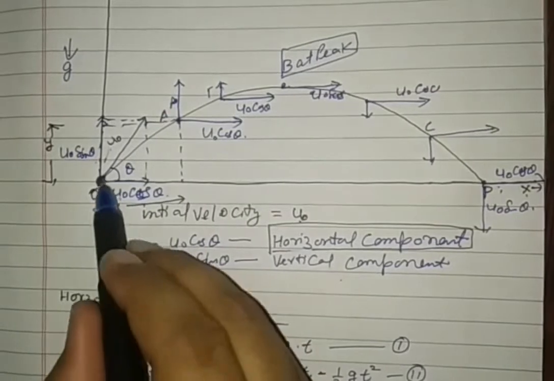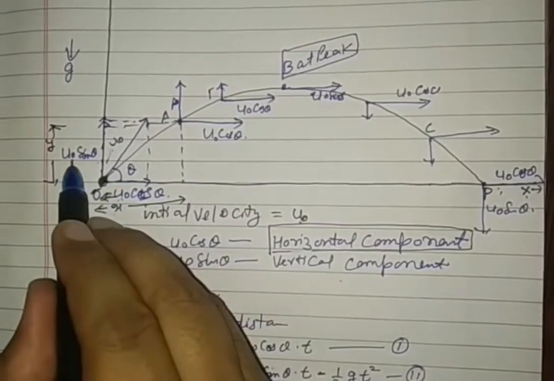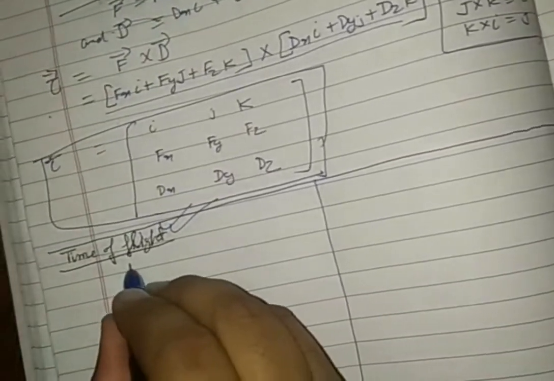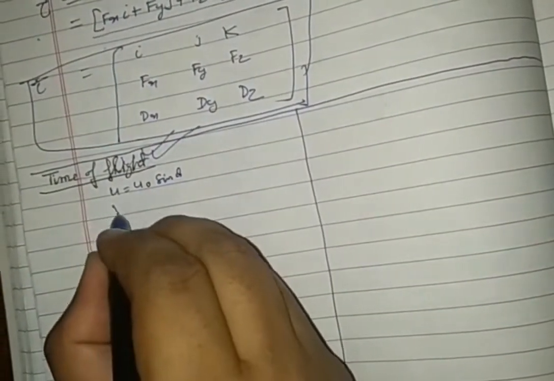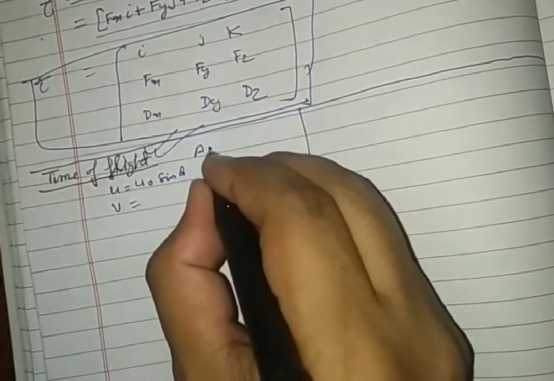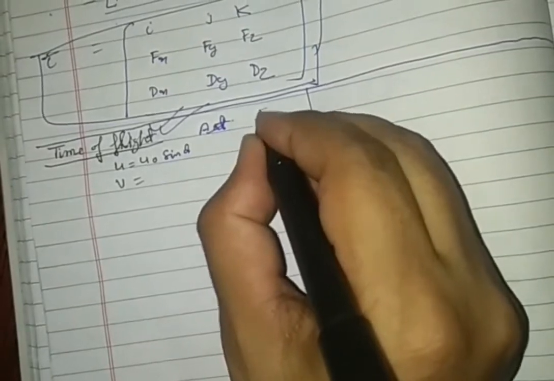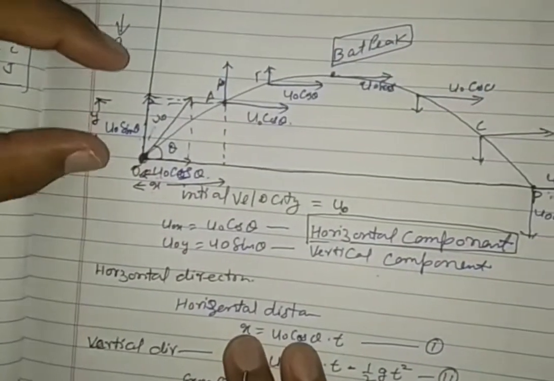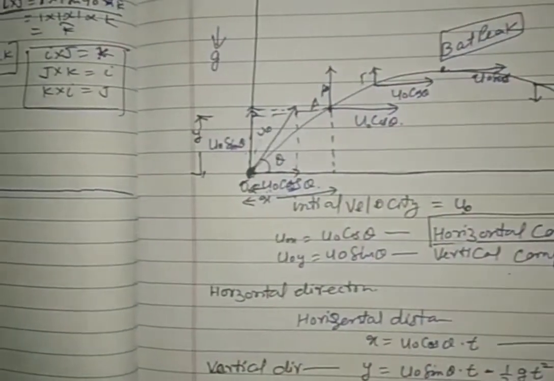The initial velocity at O along the y-axis is u naught sin theta. The final velocity at the peak, point B, is calculated at B. The vertical component of velocity becomes 0 here.